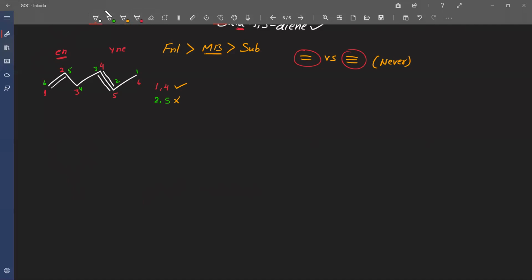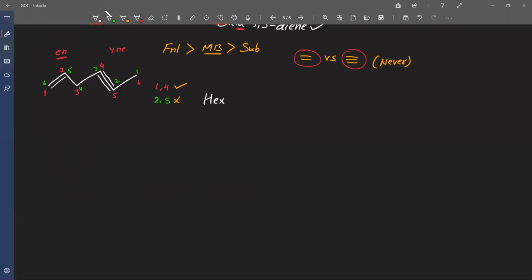And while writing it, how are we going to write? There are a total of 6 carbons, so hex. These double bonds and triple bonds are never treated as prefixes or substituents. They will always be treated as the suffix or the family.